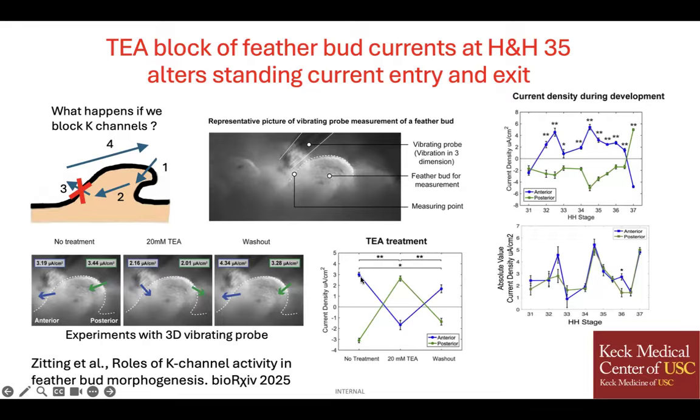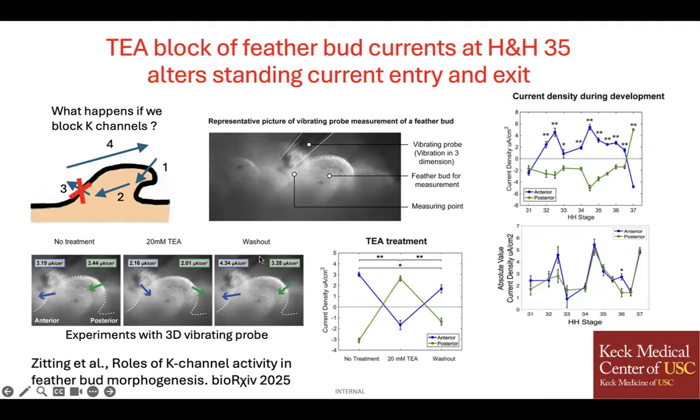And we can plot this out, blue being anterior again, green posterior. At the beginning, before any treatment, the blue is outward current. So remember, that's positive current. The green is flowing in, so that's negative current. Then we apply the TEA, and you notice that there's a flip in the direction of currents.